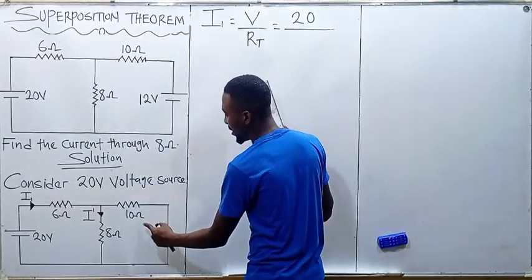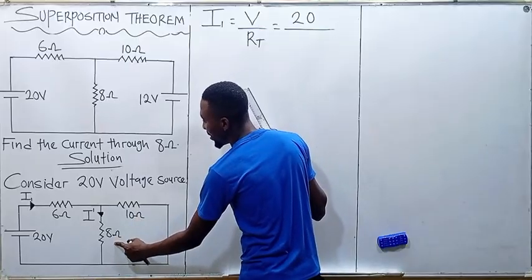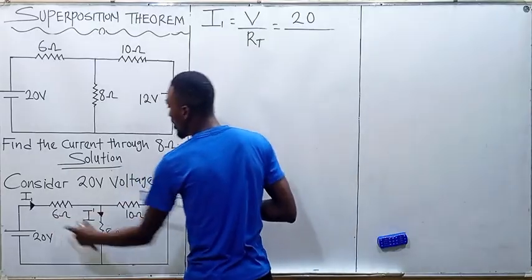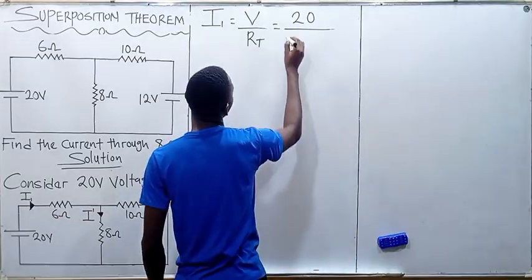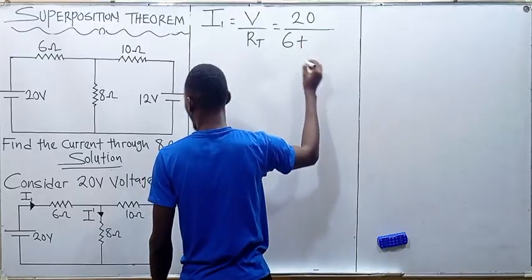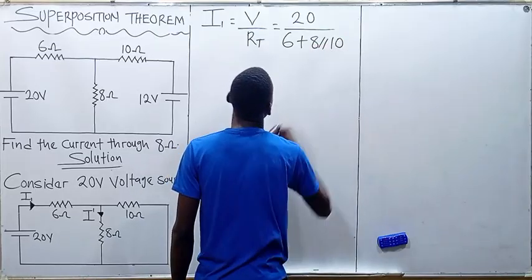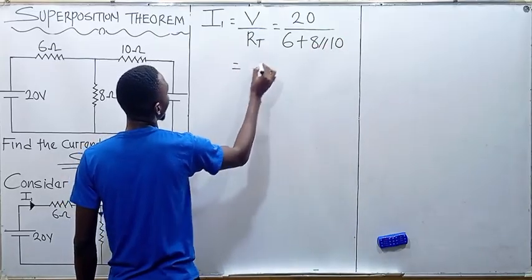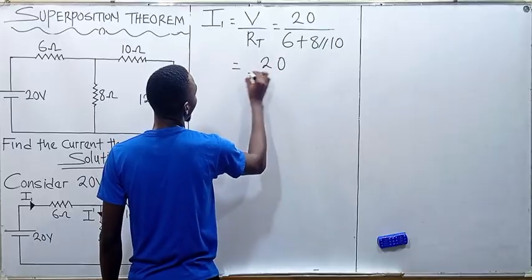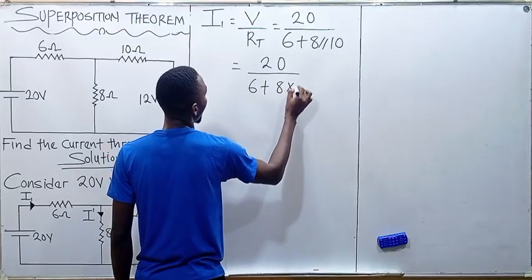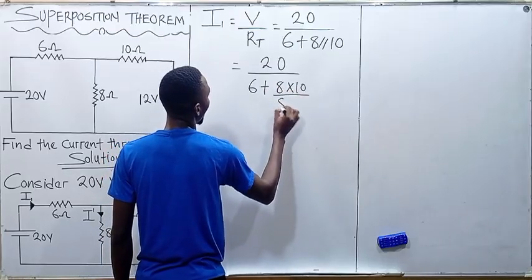If you look, this 10 ohms is in parallel with this 8 ohms, and their combination is in series with this 6 ohms. So we can say that this is 20 over 6 plus 8 multiplied by 10 all over 8 plus 10.